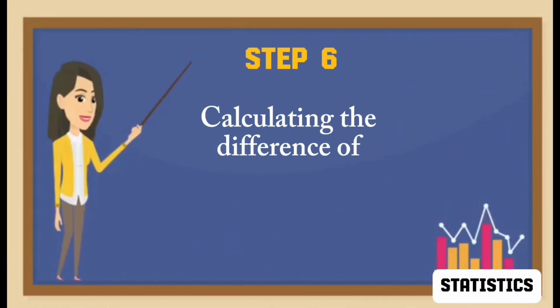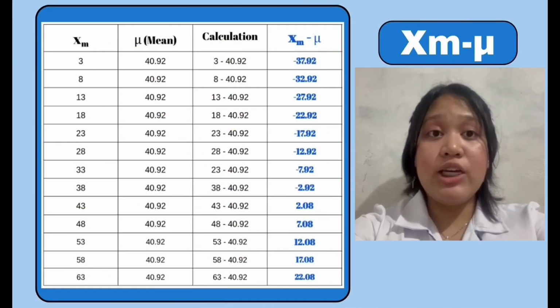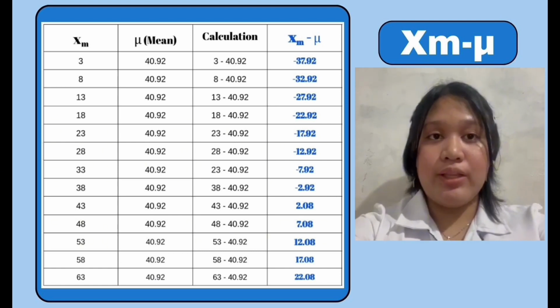Step 6. Calculating the difference of class mark and mean. To calculate, each value in the class mark column will be subtracted by the value of the mean, 40.92.